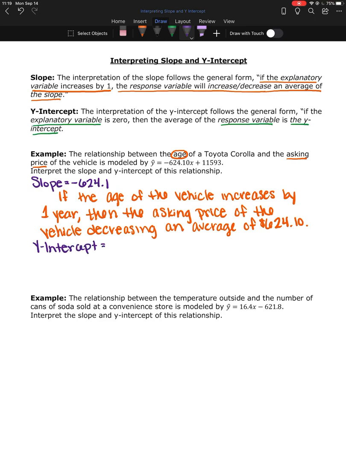And then the y-intercept. The y-intercept is the number that is all by itself. So that's 11,593.